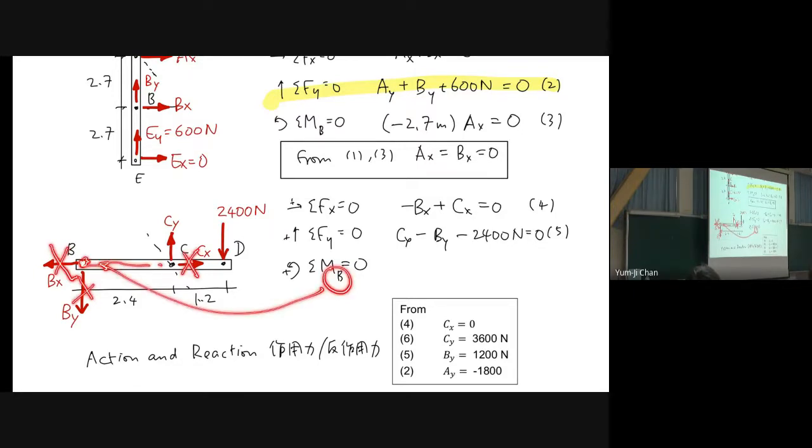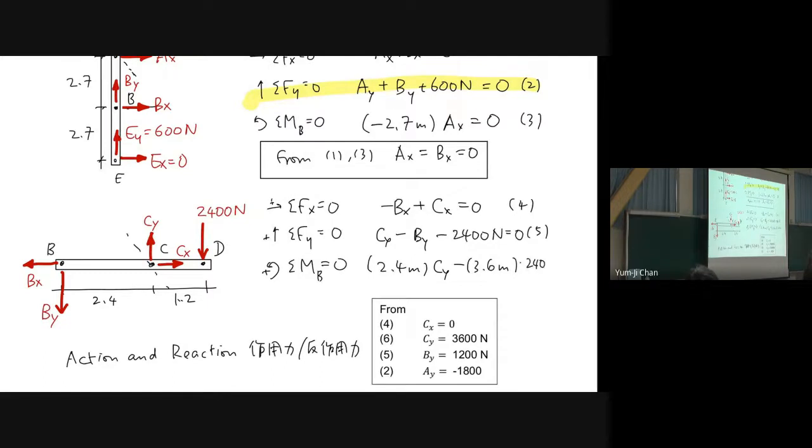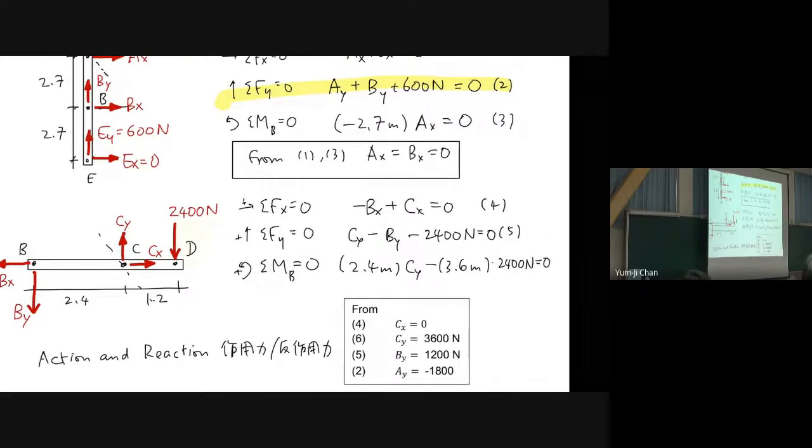So the only two forces we need to consider are these two. So we have 2.4 meter times Cy minus 3.6 meter times 24,000 newton equal to 0. This is equation 6.